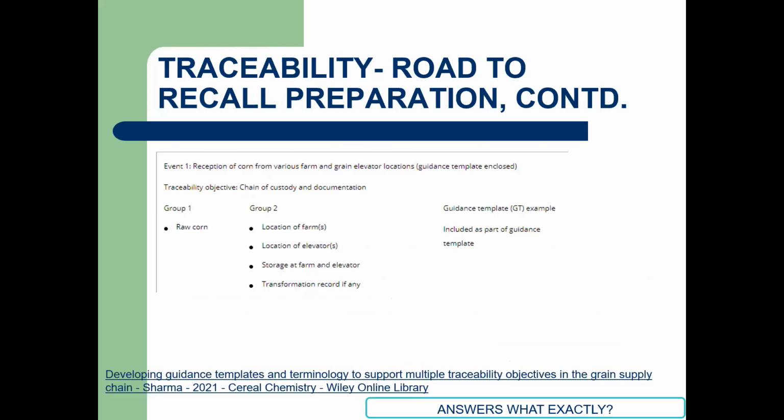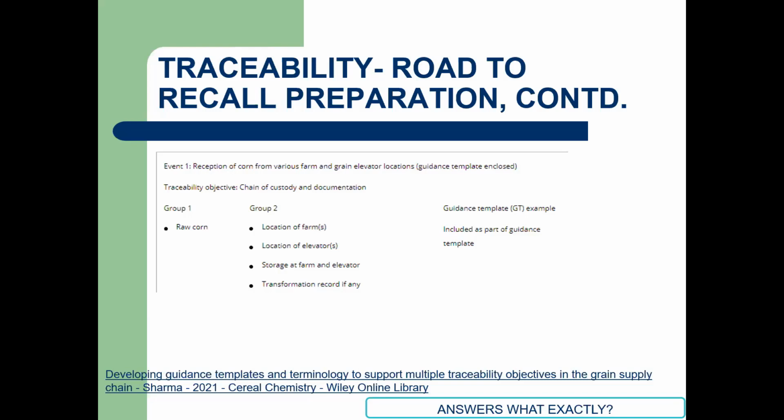So this is a different paper, which is called Developing Guidance Templates and Terminology to Support Multiple Traceability Objectives. In this paper, I have given out a step-by-step methodology to how you can make your own traceability plans. So I used an example of a grain supply chain, of course, and I divided a particular traceability objective, say chain of custody and documentation, into two different groups.